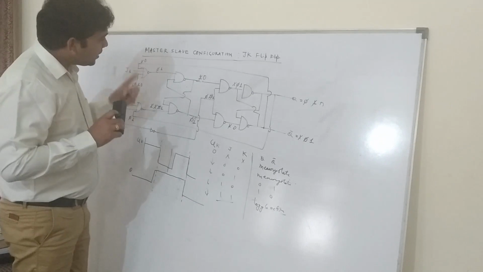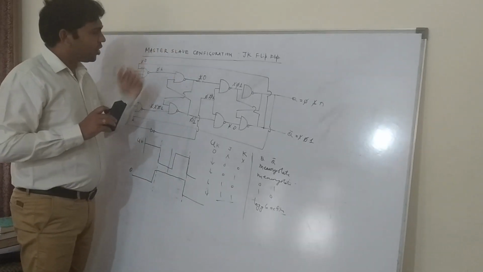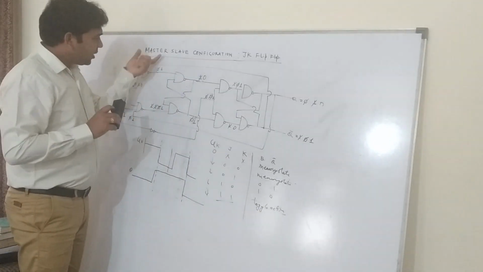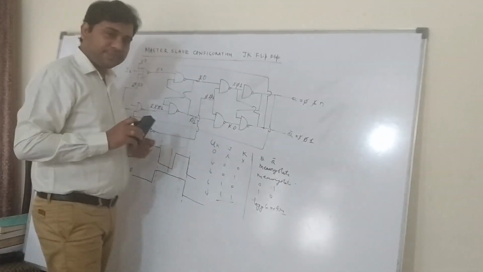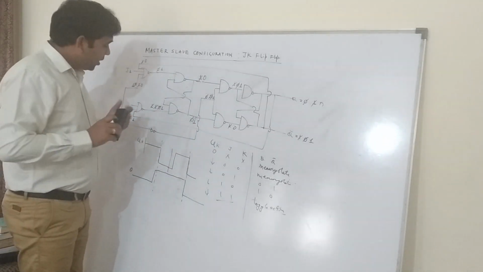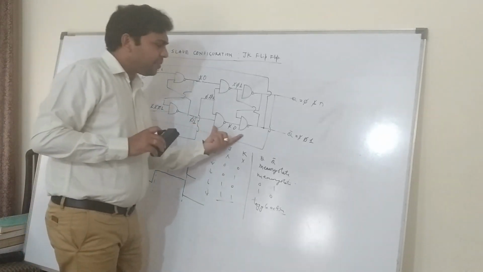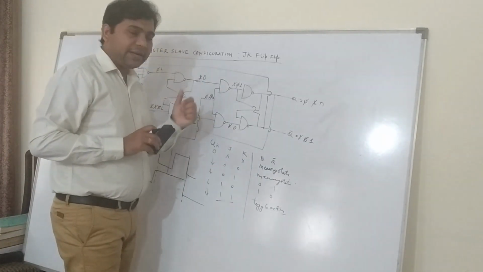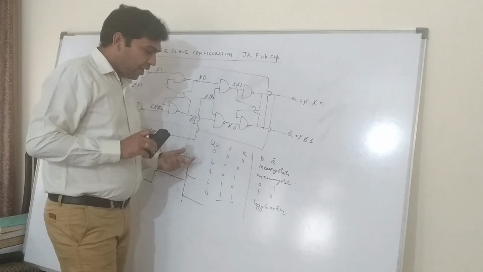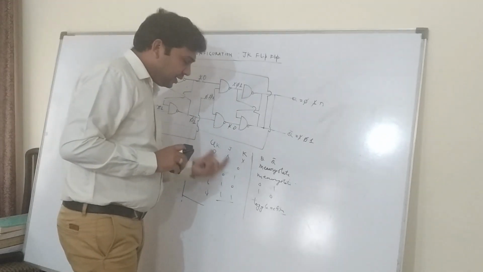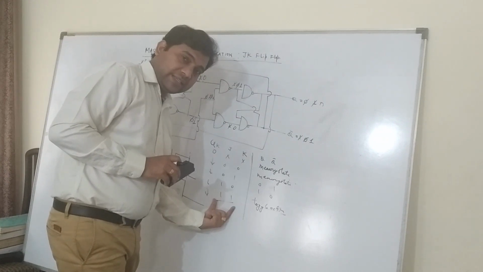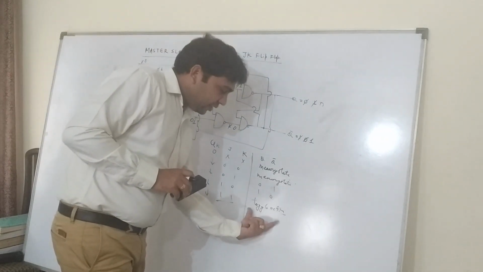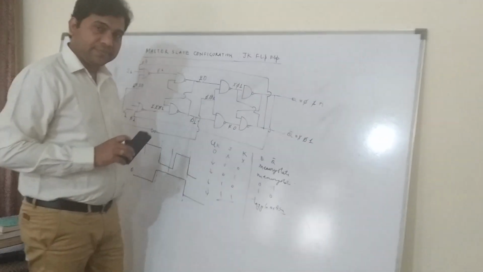So this is a disadvantage of master slave. In case of a master slave, we have increased the area, number one. Number two, we have paid some extra cost for this circuit, but we have converted the 1-1 condition, which was a racing condition in the earlier circuit, into toggling action.